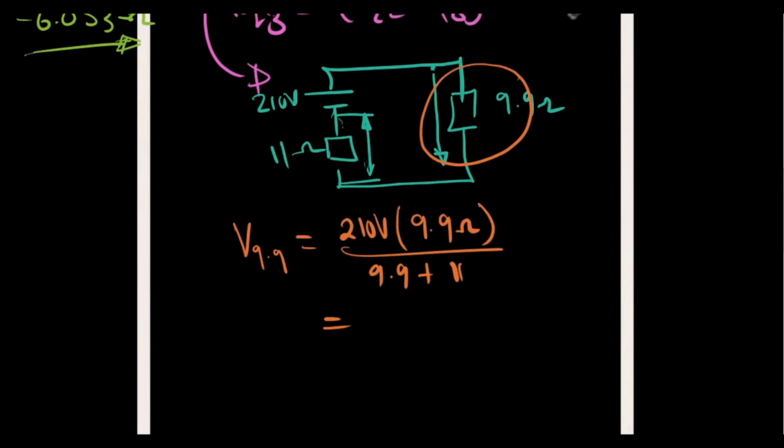210 multiplied by 9.9 divided by 9.9 plus 11. That gives me a voltage drop of 99.474 volts.